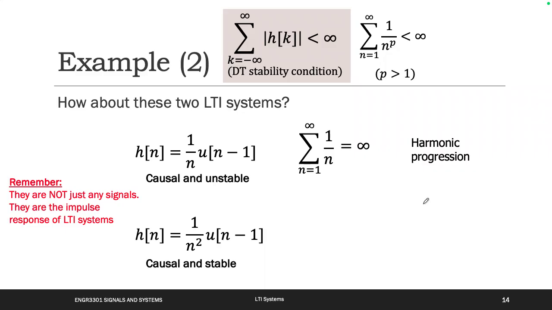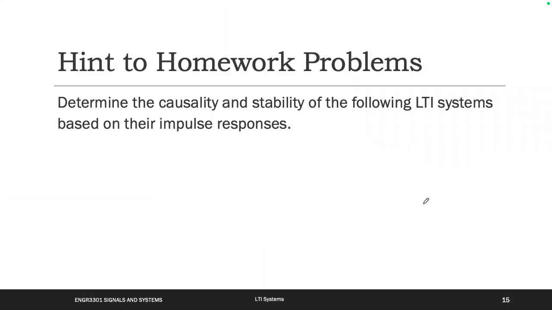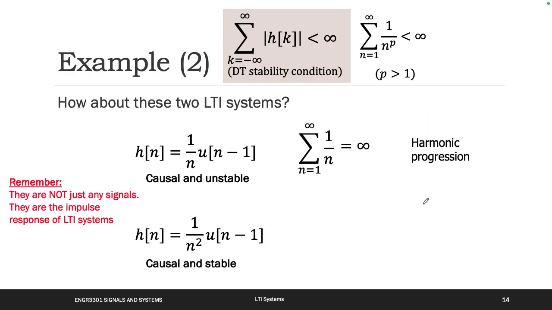Any questions? Okay. There is some homework to determine the causality. For causality, I think it's easy. You just check if your n or t involves some value smaller than 0. For stability, you need to use this equation to check.